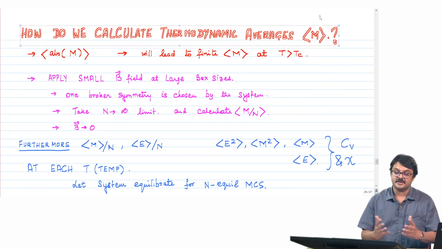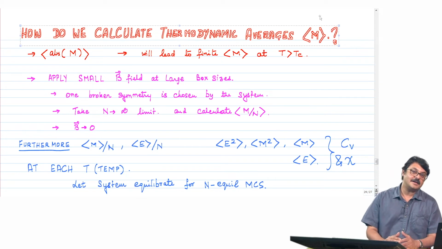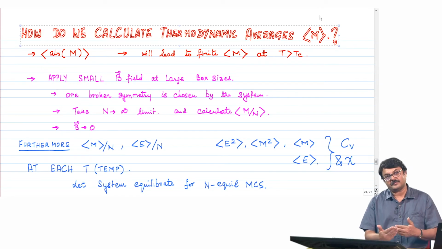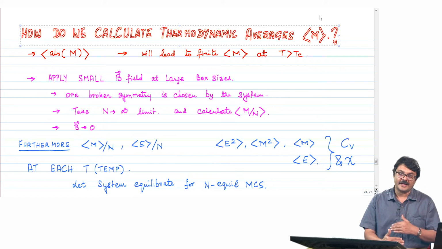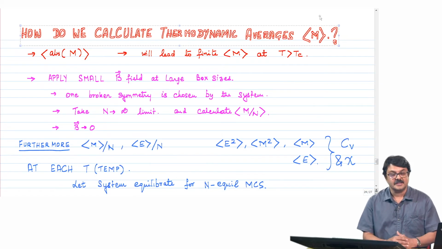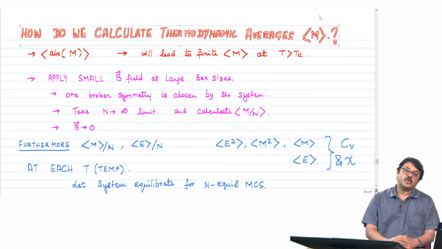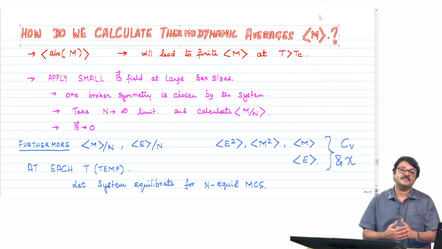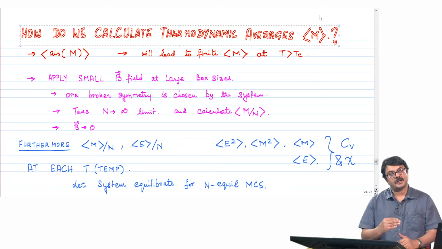So, we must average better, and if we really average well, then for any finite size system there will be a finite probability for the system to go from positive to negative and negative to positive, and you will get 0 magnetization. It is only when the box size becomes nearly infinite that you have an infinite energy barrier for the system to flip its magnetic state from positive to negative.